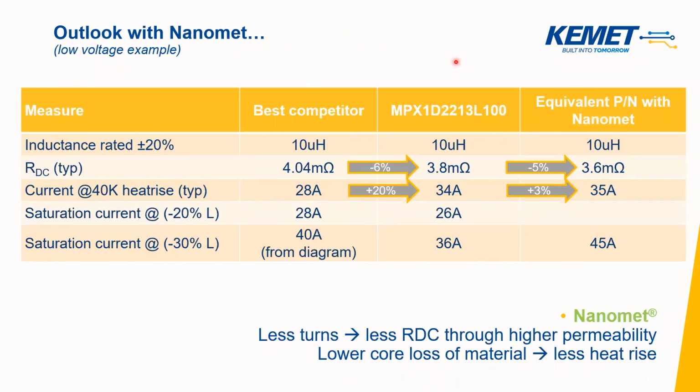Outlook with nanomet. So this is our 10 microhenry offering as of now, with the MPX series, and this is the same part, or maybe an equivalent part, from a competitor. Then I've compared here with an equivalent part number with nanomet in the future when this series would be launched, and how the parameters really compare.